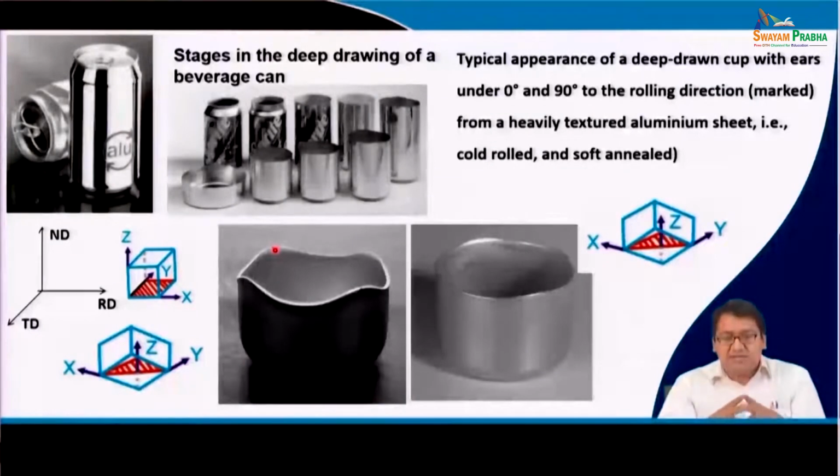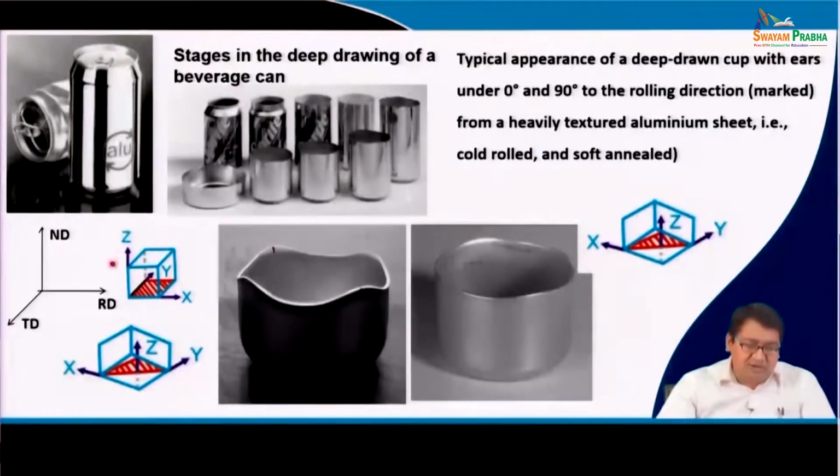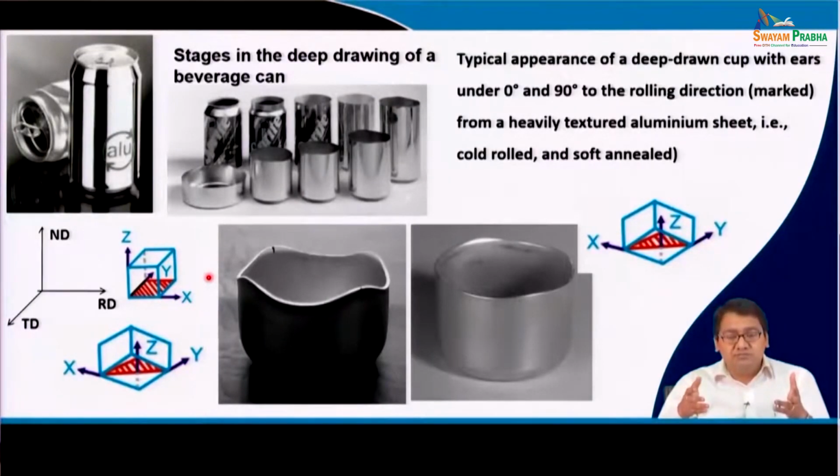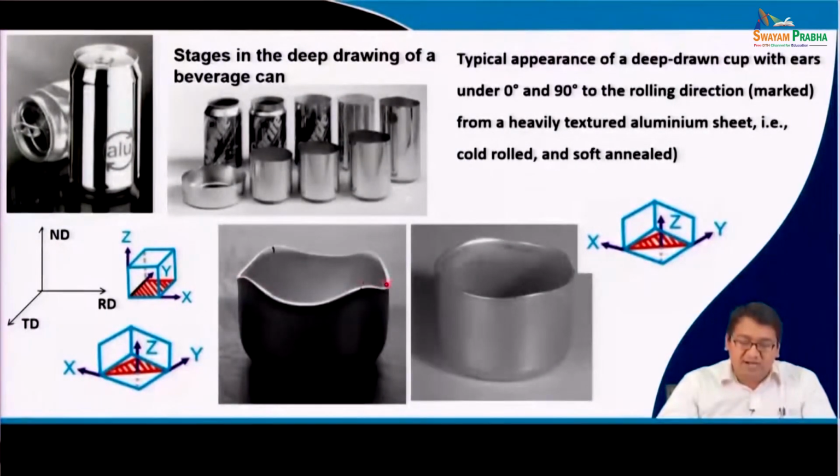The first thing was that if multiple textures are present in the rolled aluminum, not only can one not obtain a higher R bar, but delta R also cannot be reduced near to 0. So, one will not have a larger deep drawing, and with only a small deep drawing, it will have large ears and faces as shown in this figure.